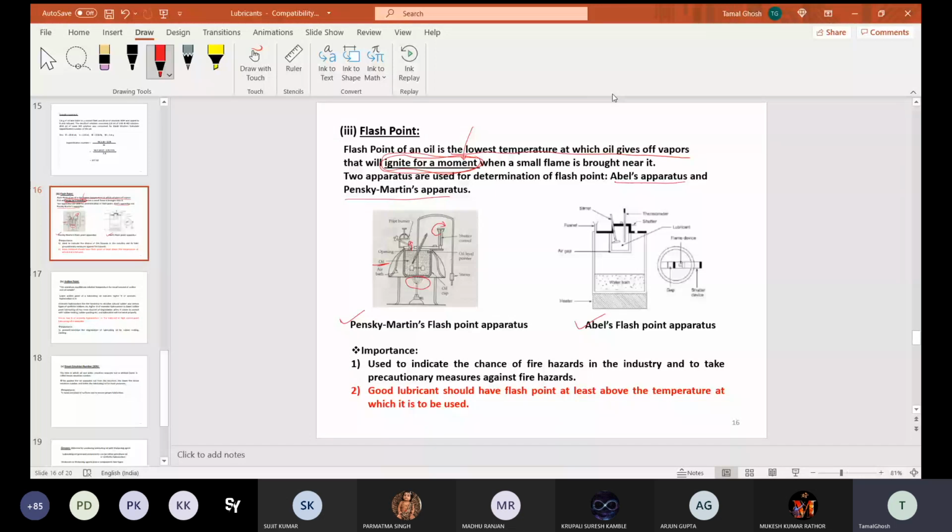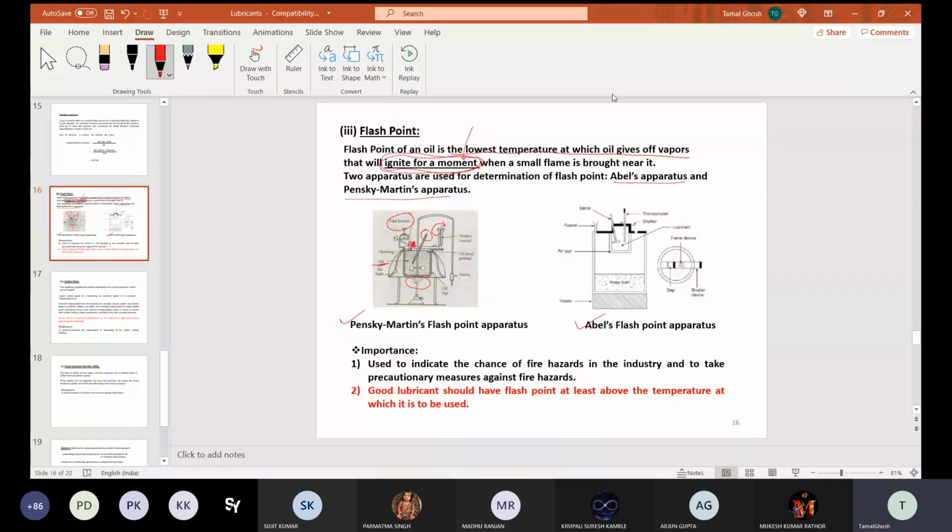Whenever it opens, a burner automatically comes there, and if the flash point is reached, you will observe a momentary ignition at this place. The lowest temperature at which we observe this is our flash point. The thermometer is also here, so you have to note down the temperature. So this was Pensky-Martin.